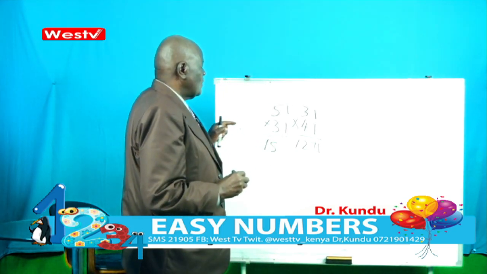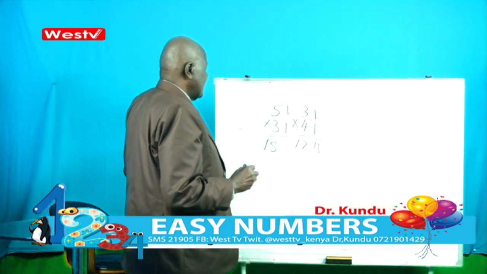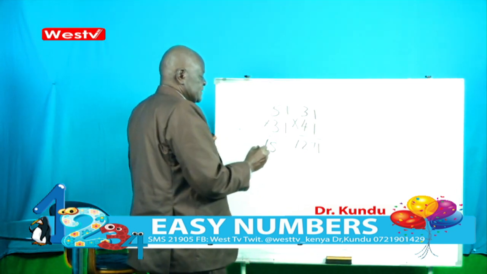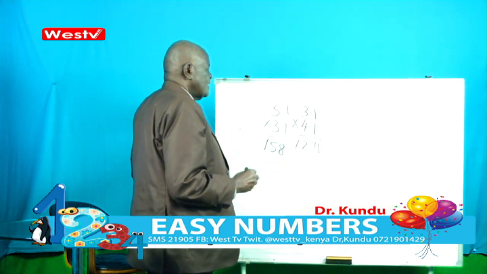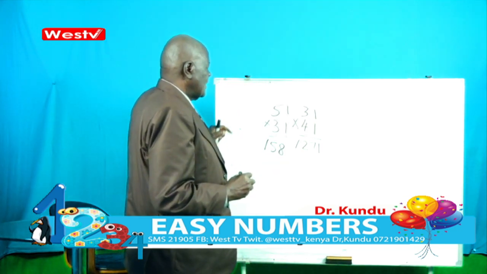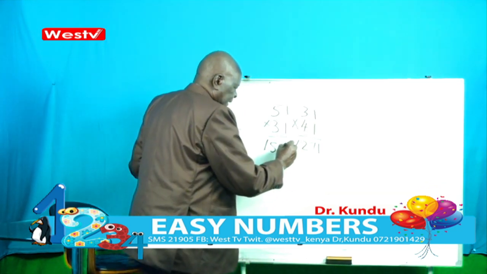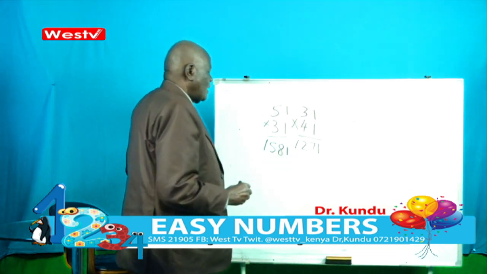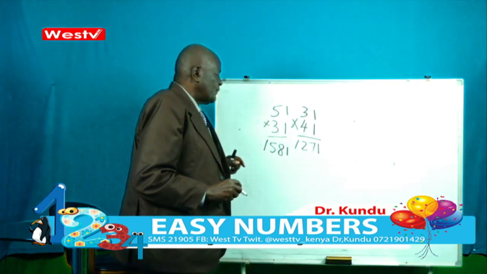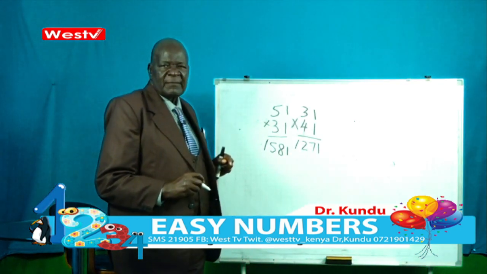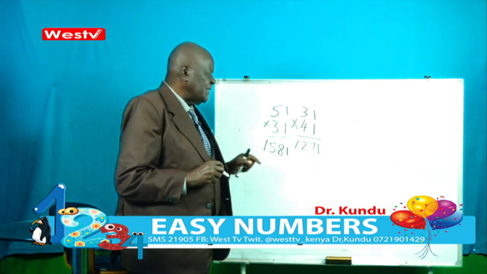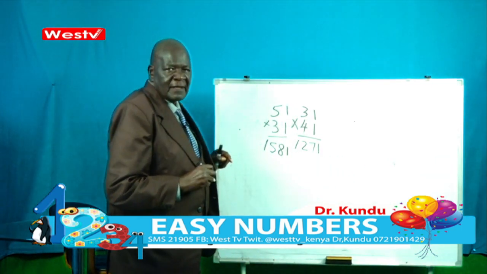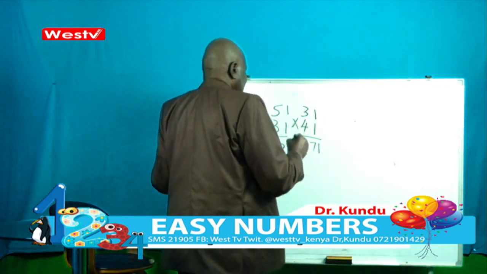Step 2, add the tens digits, which is 8. Step 3, drop 1. So the answer of 51 times 31 is 1581.